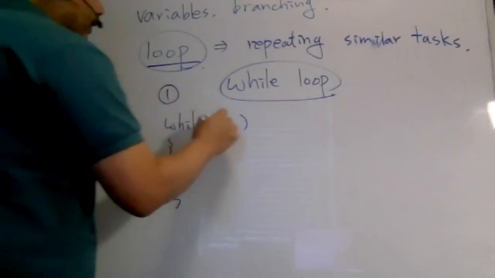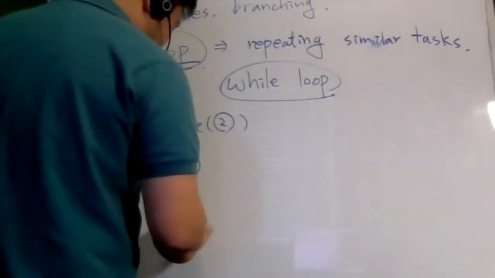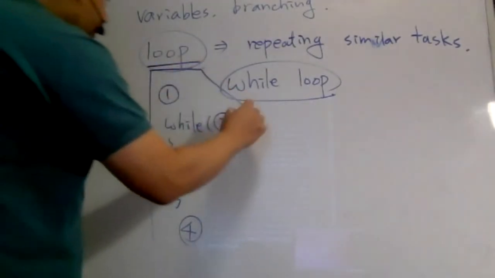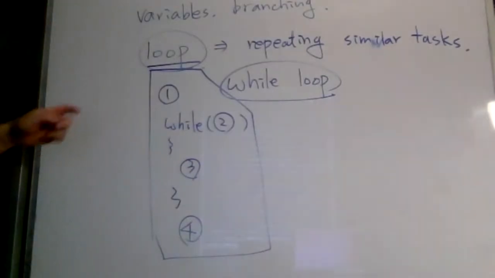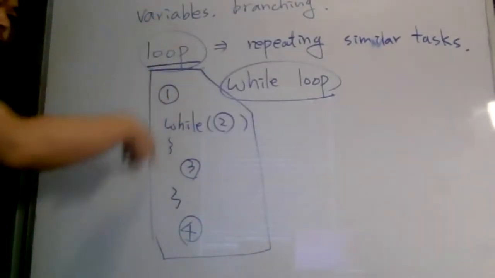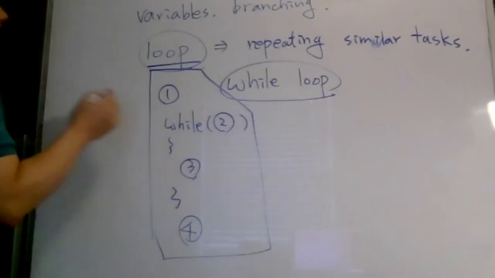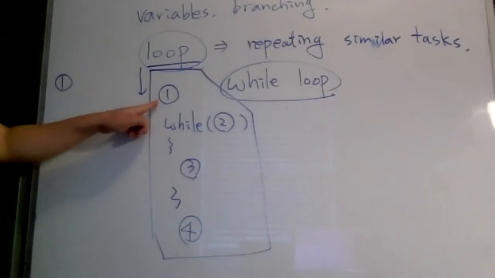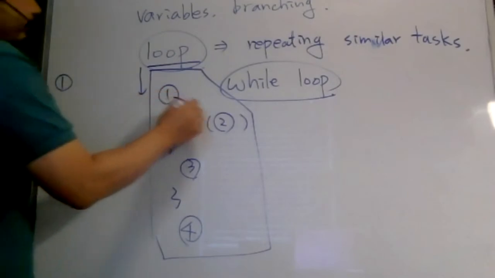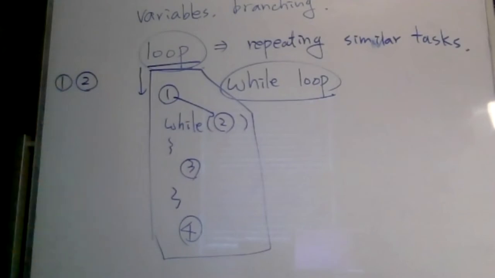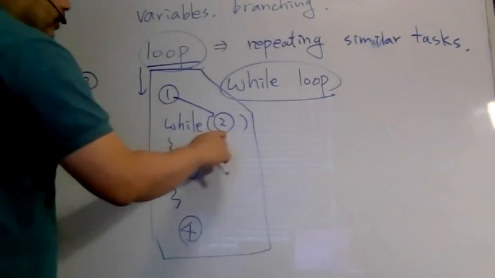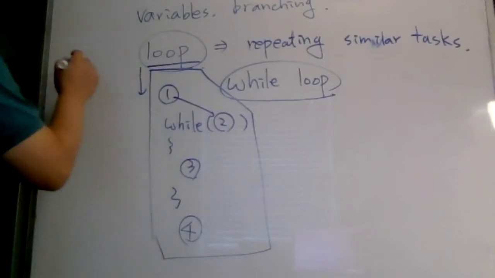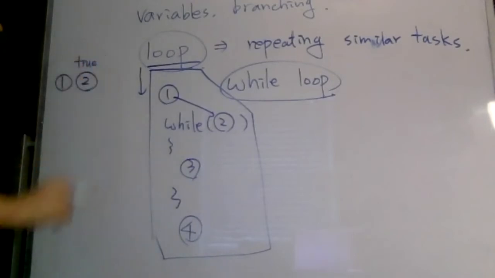More specifically, let's talk about some detailed code flow, and think about how the program runs this code. From here, part 1 will be executed, and then the code will run 2, and expression 2 contains something that evaluates to true or false. For now, let's assume this evaluates to true.